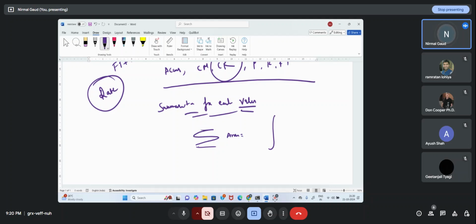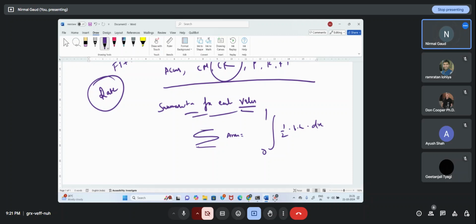So if I need to calculate the area, I need to integrate from 0 to 1. And that function looks like a triangle, and a triangle is half base into height. I need to take some differential also here, dx or something like that.